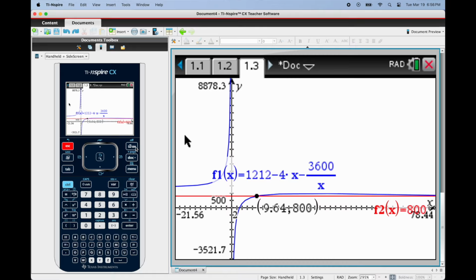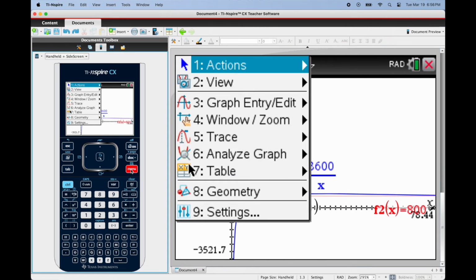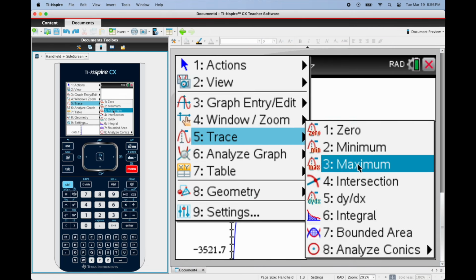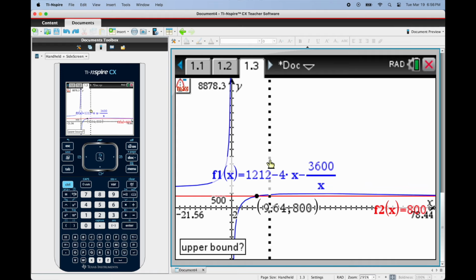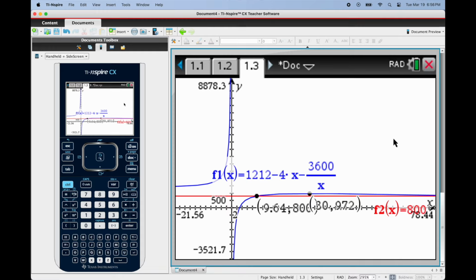But if we already have a graph of our area against x, let's go ahead and find its maximum, the area. And it happens when x is equal to 30. So when x is equal to 30, we have an area of 972.